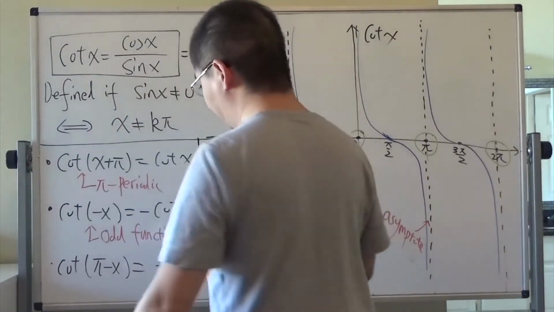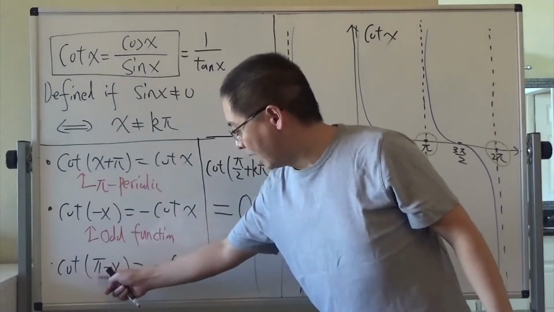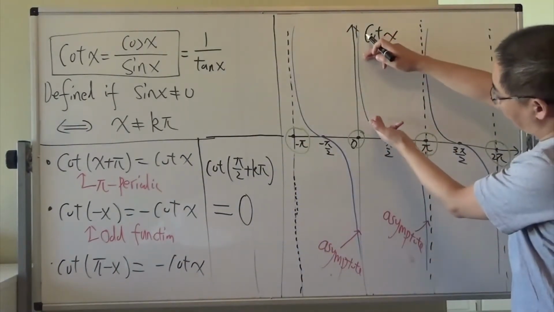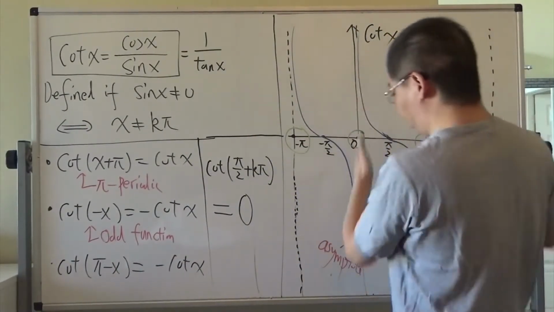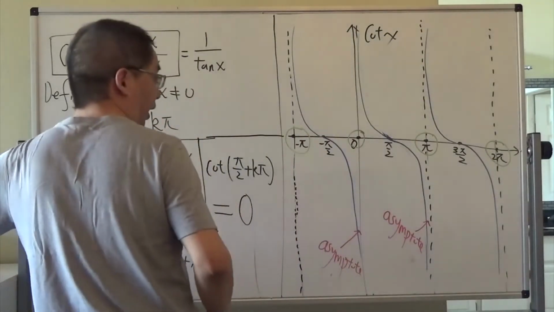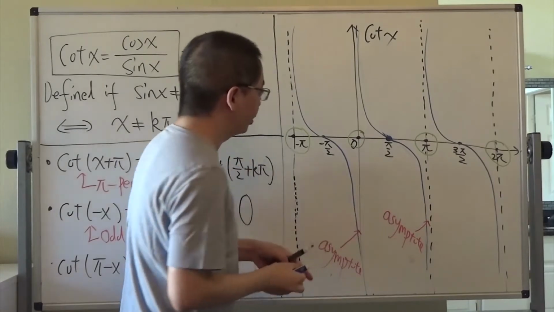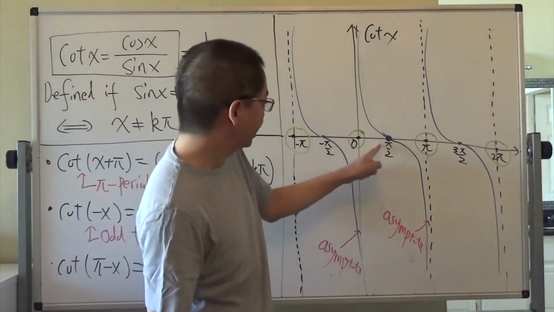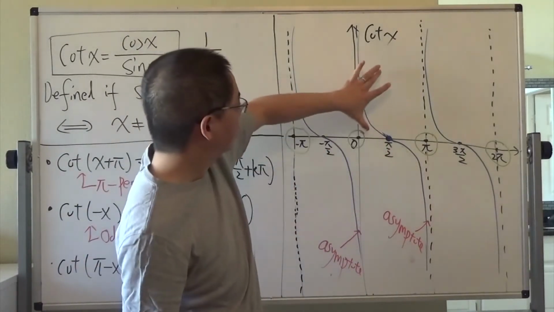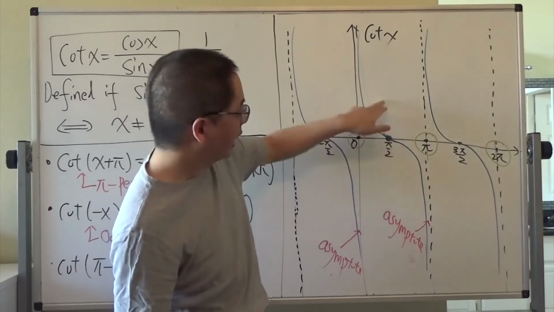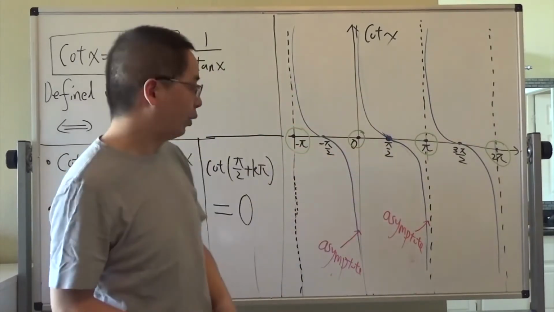And because cotangent of pi minus x is negative cotangent x, within the period from 0 to pi the graph is symmetric with respect to x equals pi over 2. In other words, if you reflect this branch with respect to pi over 2, it coincides with the other branch.